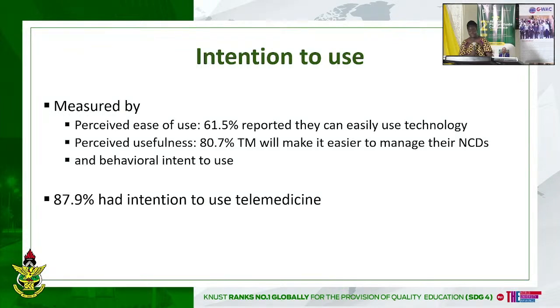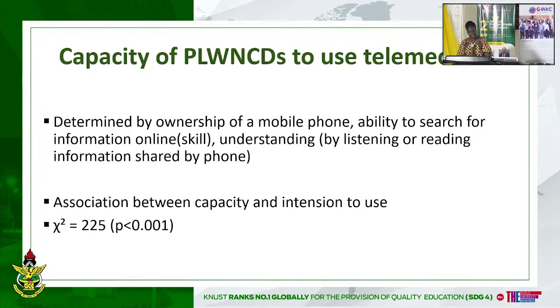For the persons living with NCDs, 87.9% had the intention to use telemedicine, and the various domains included perceived ease of use, perceived usefulness, as well as the behavioral intent to use. And then finally, in terms of capacity for the persons living with NCDs, it was determined by other factors such as ownership, availability, ability to search for information online, and the understanding of information shared by phone, both audio and video.